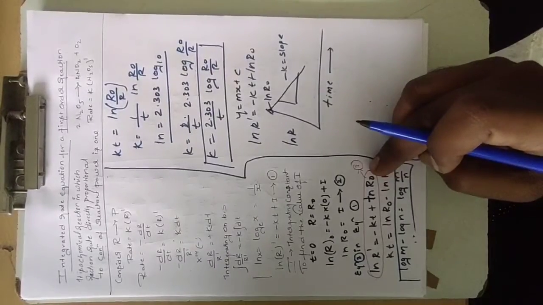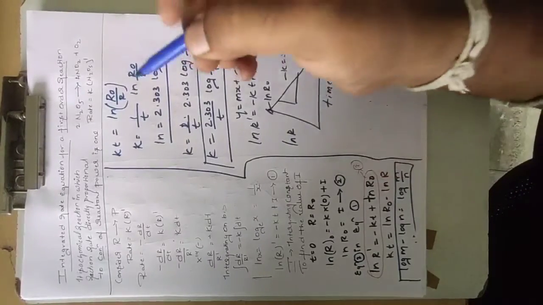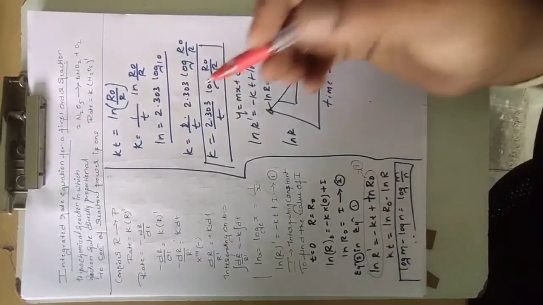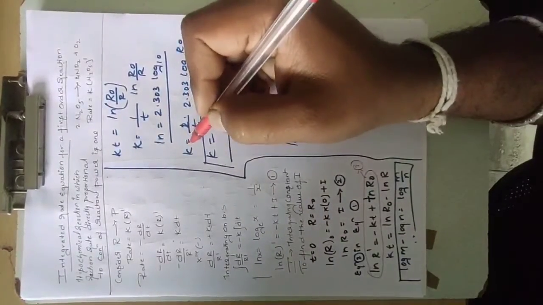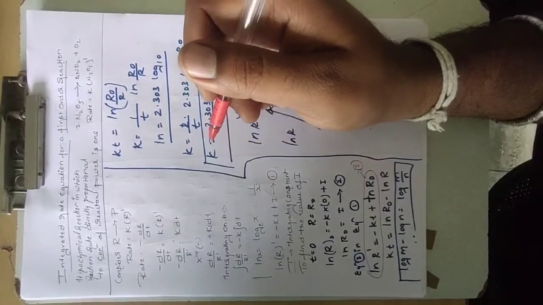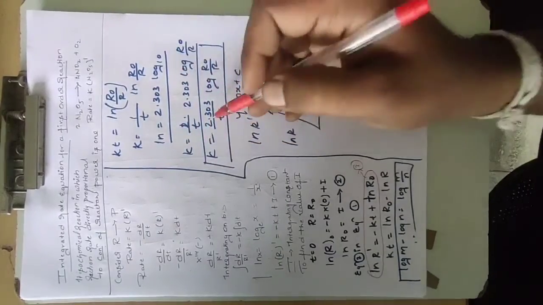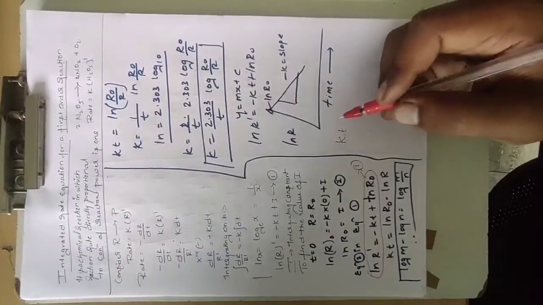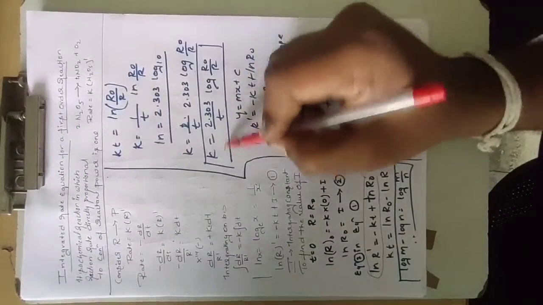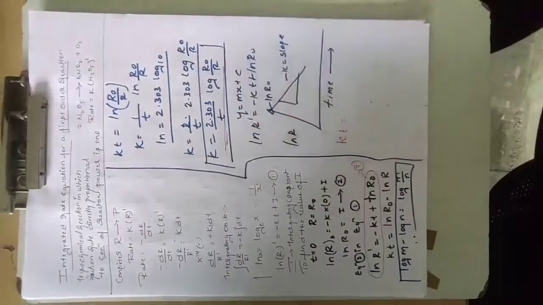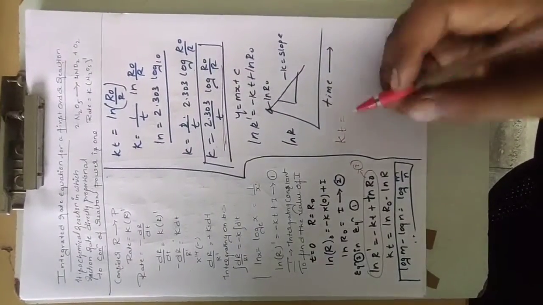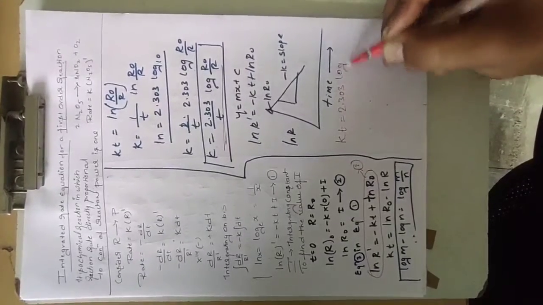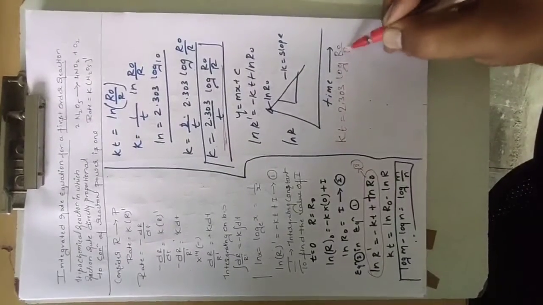While talking about this expression ln, if you remove the t, then kt is equals to, for this equation I'm talking about, if t goes to the left hand side, kt is equals to 2.303 log r naught by r.